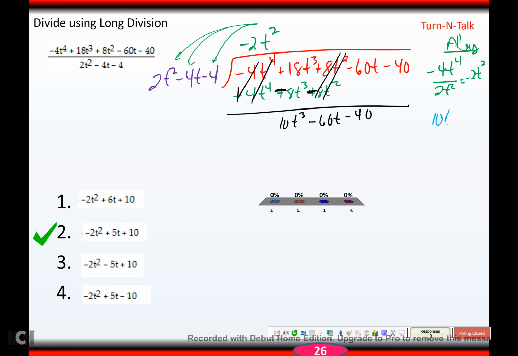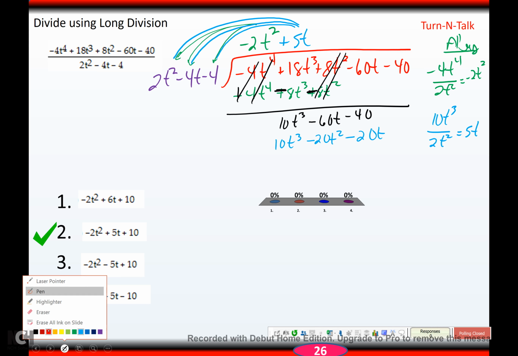And I gotta go back to the alley. So I have 10t cubed divided by 2t squared is going to give me 5t. Goes up, multiplies down. 5t times 2t squared is 10t cubed. 5t times negative 4t is negative 20t squared. 5t times negative 4 is negative 20t.